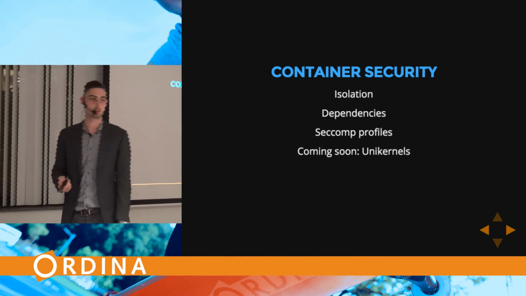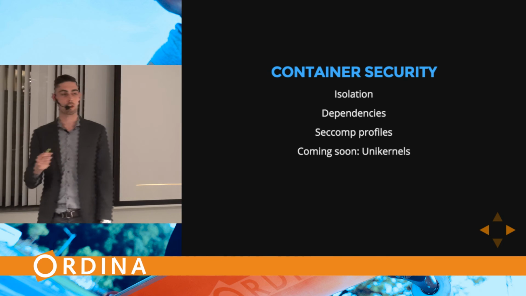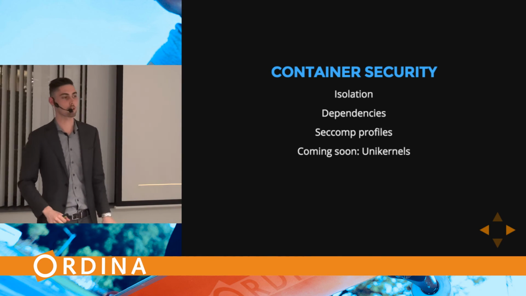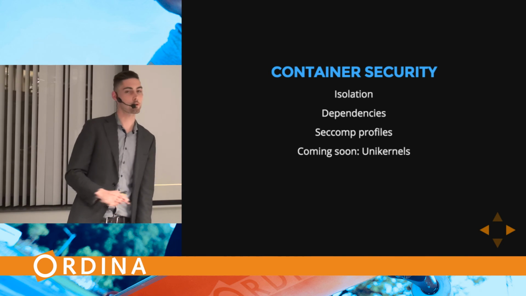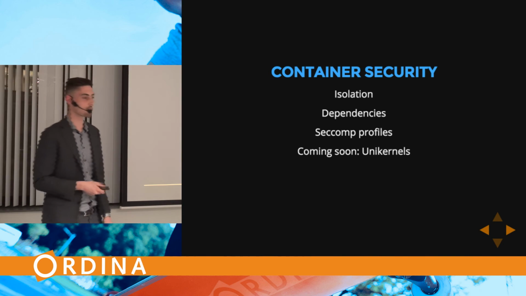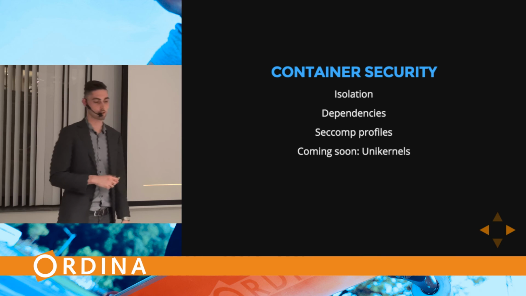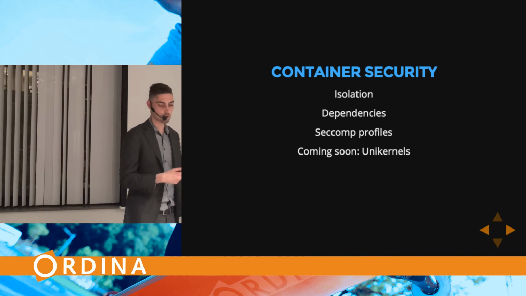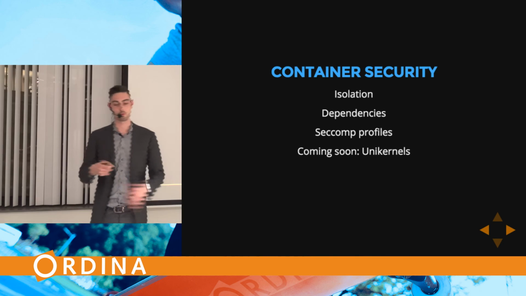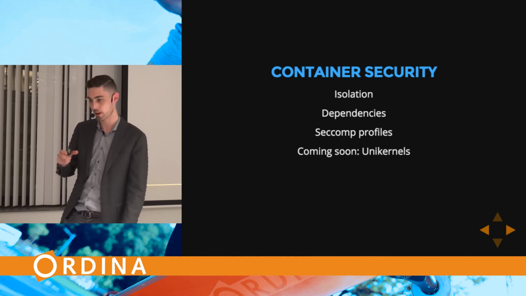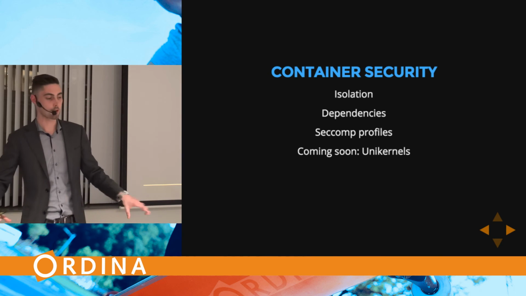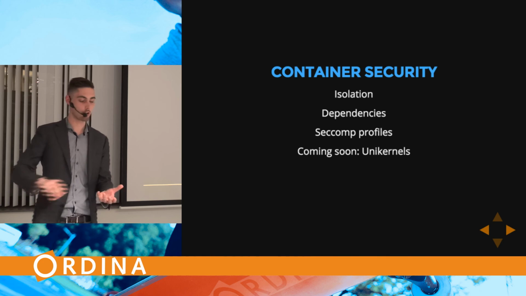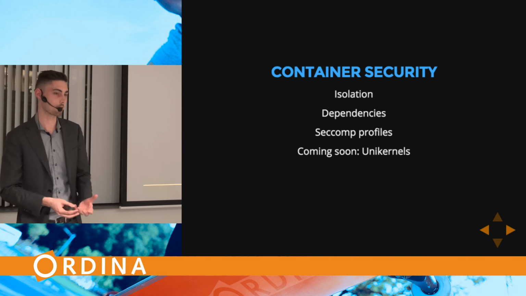And coming soon, there will be unikernels. What I told you earlier, that all the containers use the same kernel, like with the bootfs layer, is not always true. There's already an experiment going on, a working example somewhere on the internet, of Docker containers using unikernels. So what's a unikernel? Instead of using the same kernel, you can create your own mini kernel, and you can strip all the features from the kernel that you no longer need.